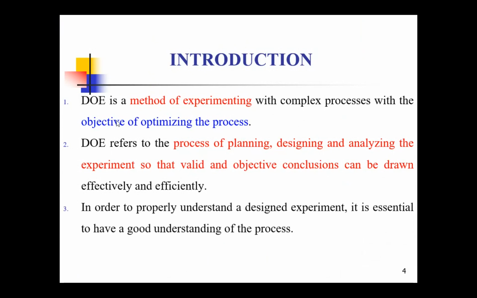So once we are going to experiment on a method or a process, the main thing that we require is a better understanding of the process in which we are experimenting.